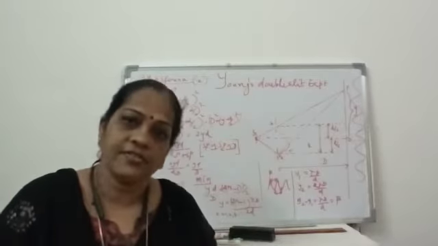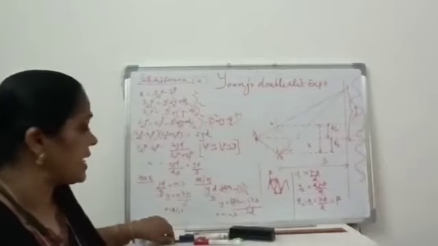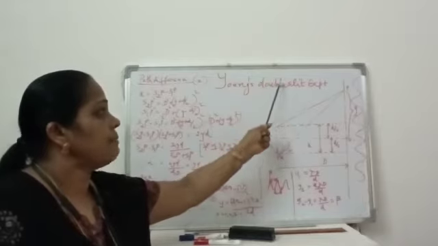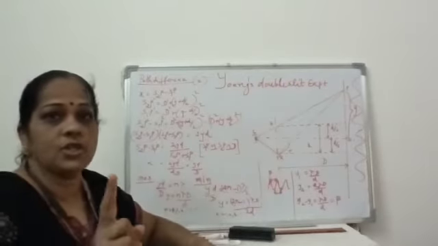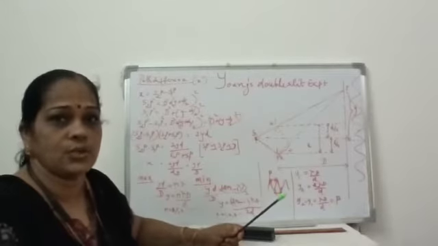Now, this interference pattern was first observed by a scientist named Young, and it is called Young's double slit experiment. We are using two slits here, which form the two coherent sources.